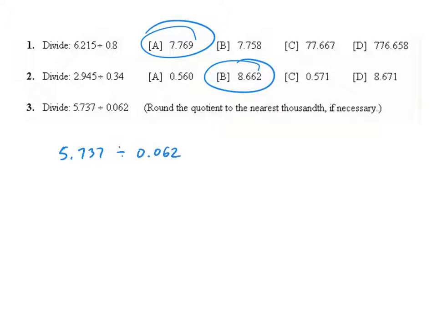So again, need to shift all the digits to the left, which has the same visual effect as moving the decimal 3 places to the right, which means I'm going to multiply by 3 powers of 10, and I'm going to do that same thing to the dividend. 1, 2, 3. So this becomes 5,737 divided by 62.